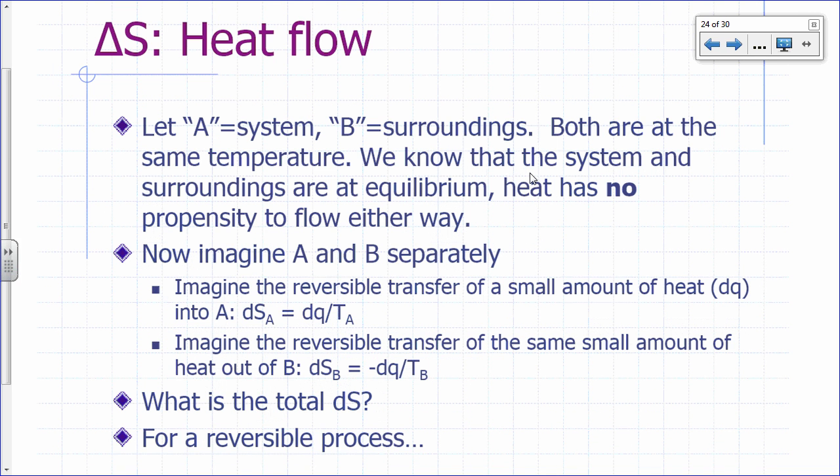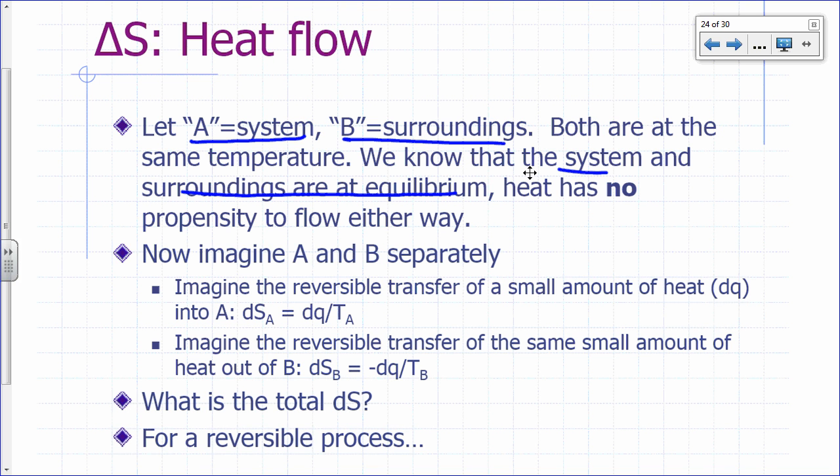All right, let's talk about delta S for heat flow between two things that are at different temperatures. So let's say A is our system and B is our surroundings. First of all, let's imagine both of these, the system and the surroundings, to be at thermal equilibrium. So what do we know?